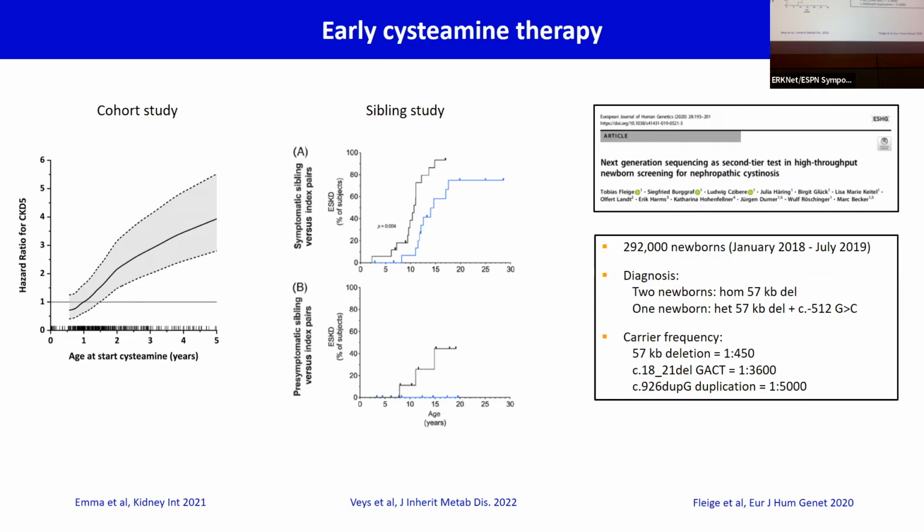What you see here is the age at start of cysteamine and the risk of developing end-stage kidney disease, and you can see this nearly linear relationship. In this sibling study, the second sibling, especially if treated before any symptom, did much better. So before going to other treatment, remember that cysteamine is a good treatment and that starting early is very important.